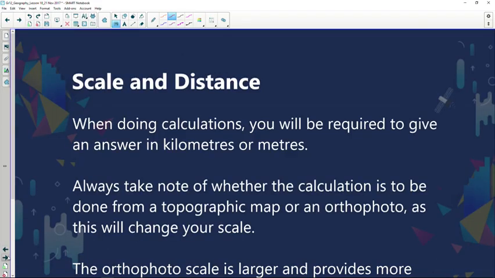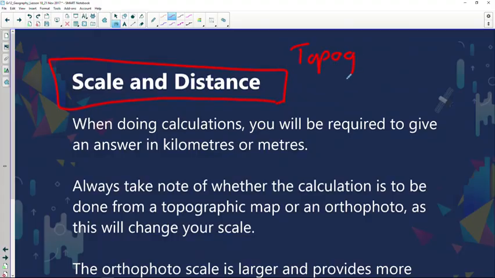Our next topic that we're going to discuss is scale and distance. Because our topographical map has a scale, and our orthophoto maps have a scale, the topographical map has a scale of 1 to 50,000, and our orthophoto has a scale of 1 to 10,000.